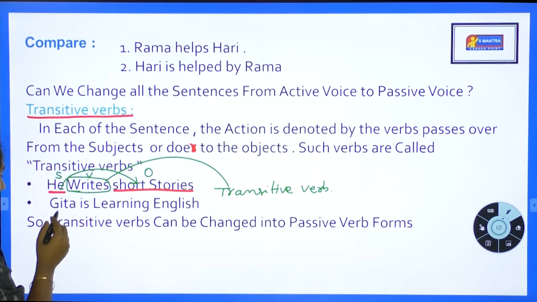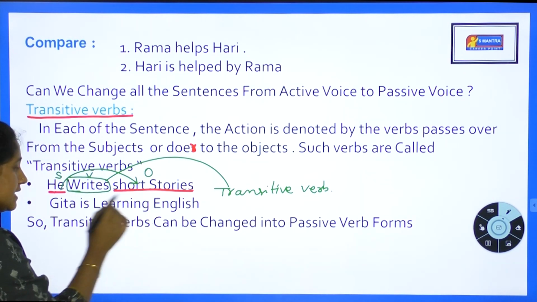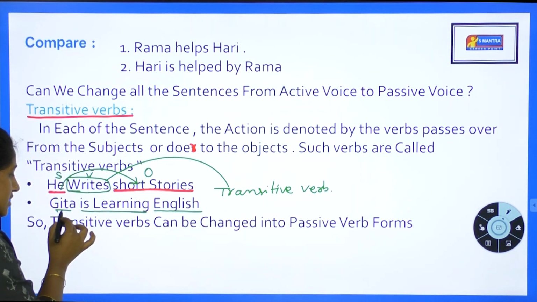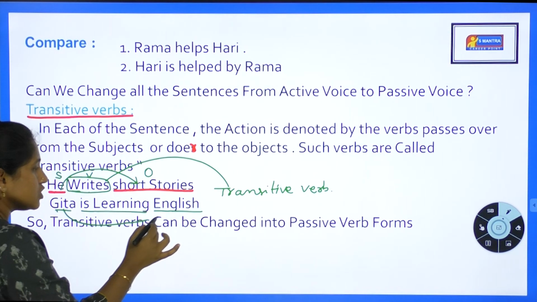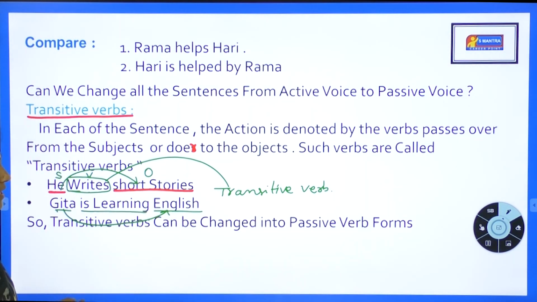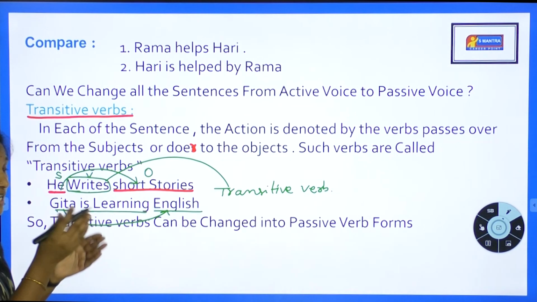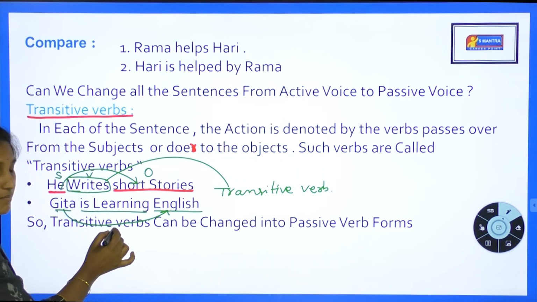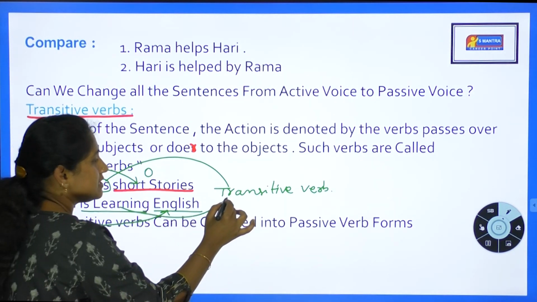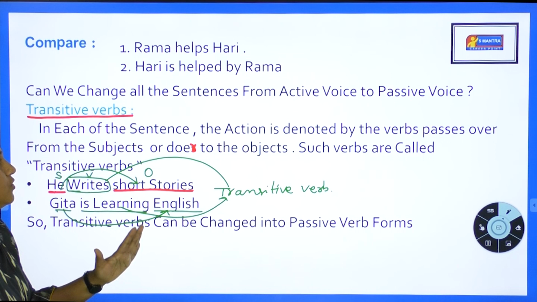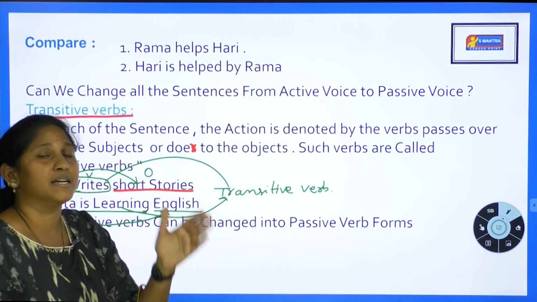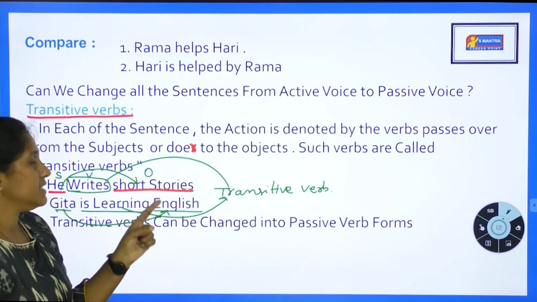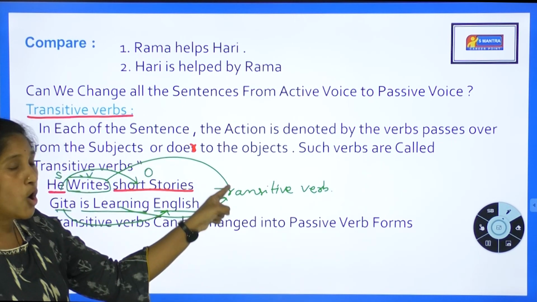One more example: Geeta is learning English. Here also the action passes from the subject to the object. Whenever we have the subject and the object along with the verb, that verb will be a transitive verb. Whenever we have a sentence, it must have a subject and a verb, and the action passes from the subject to the object.